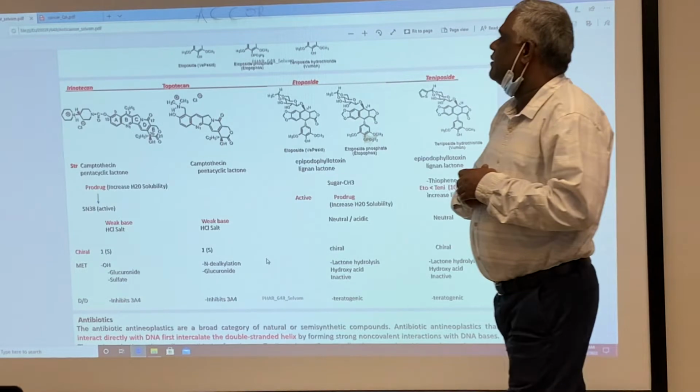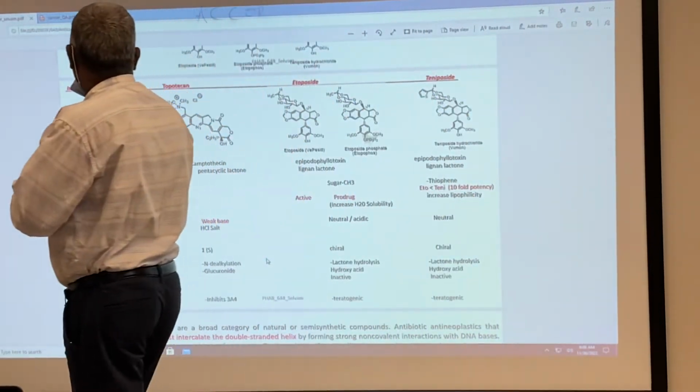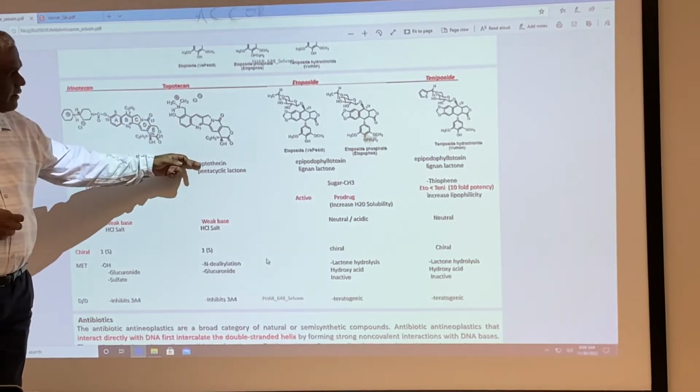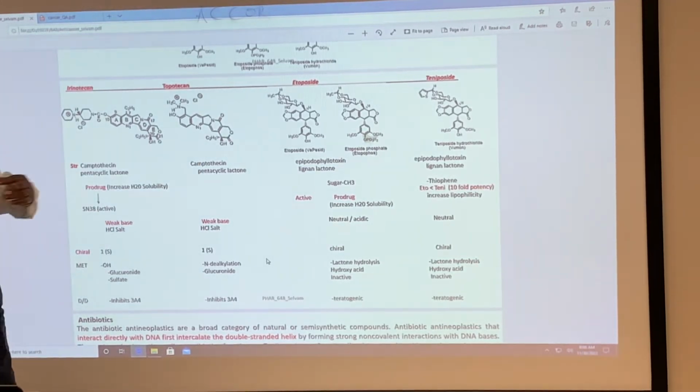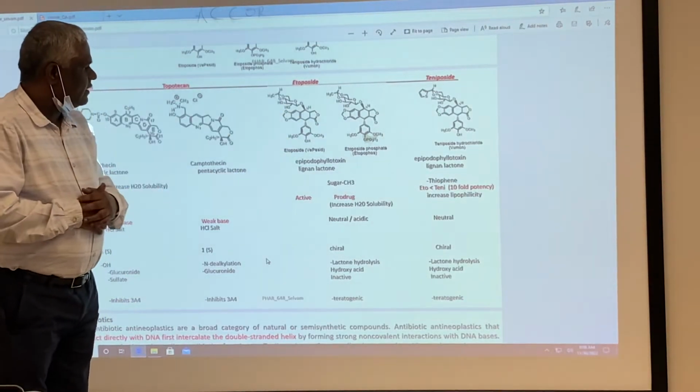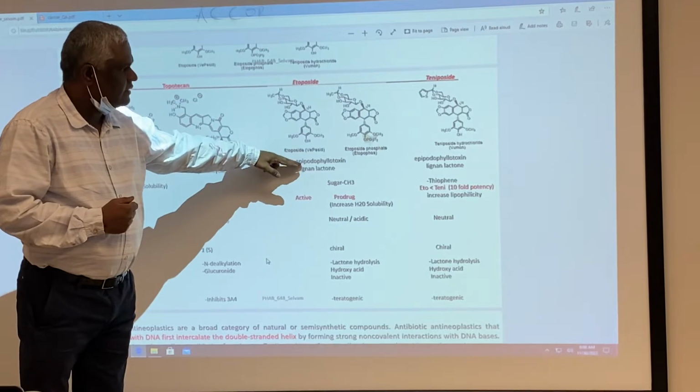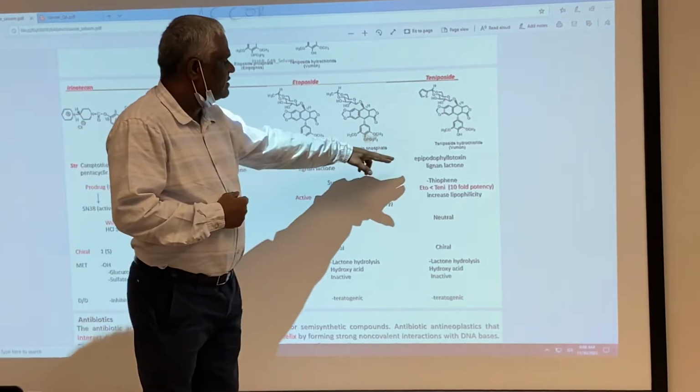Topotecan and irinotecan are both camptothecin type alkaloids, and etoposide and teniposide are epipodophyllotoxin type chemicals. This is a natural product classification.